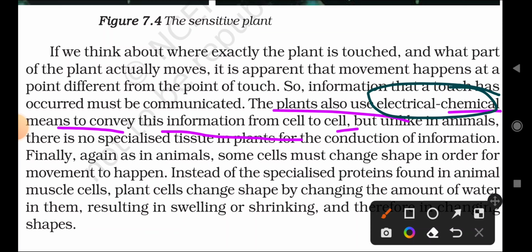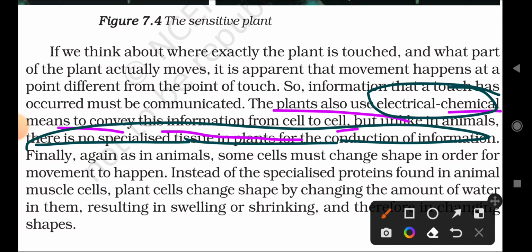But unlike in animals, there is no special tissue in plants for the conduction of information. Again the question comes: there is no special tissue in plants for gathering, collecting, or storing the information, so how is it gathered or conducted? Finally, as in animals, some cells must change their shape in order for the movement to happen.